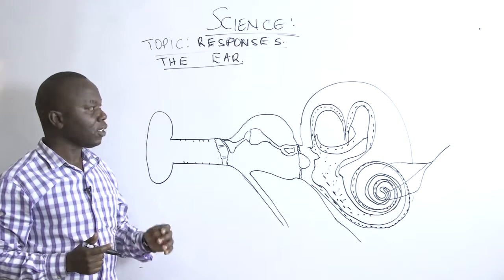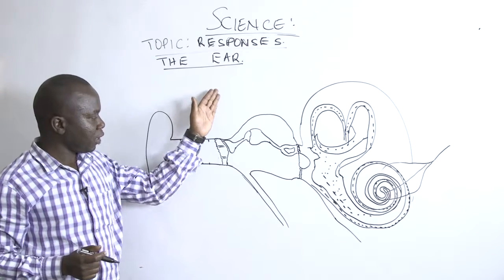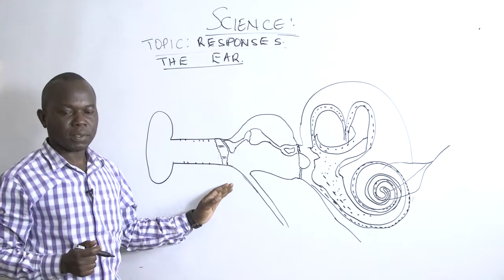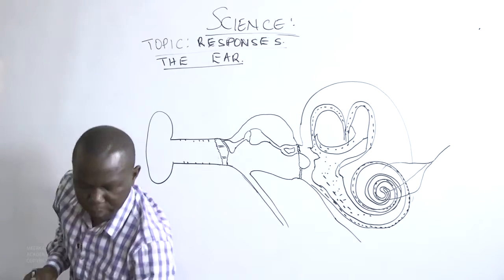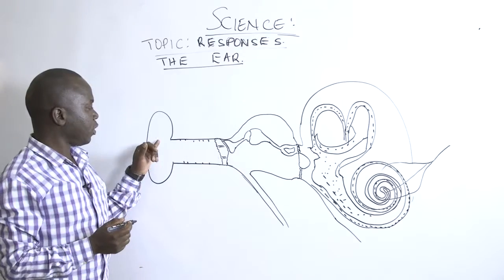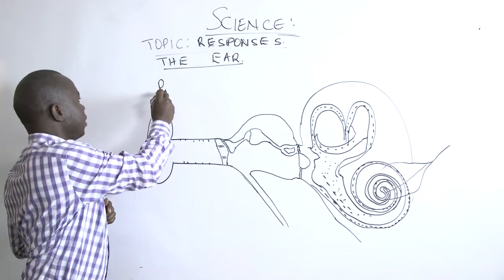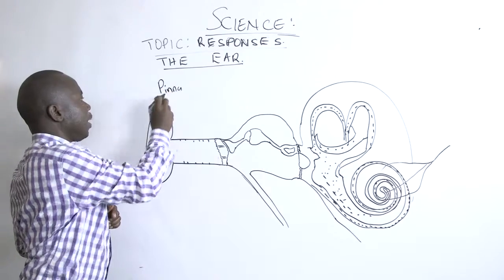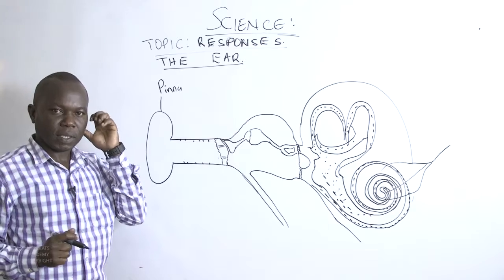The ear is usually divided into three parts. So the first part is the outer ear. The outer ear consists of these structures. One part is the pinna. Pinna is what you see from outside.